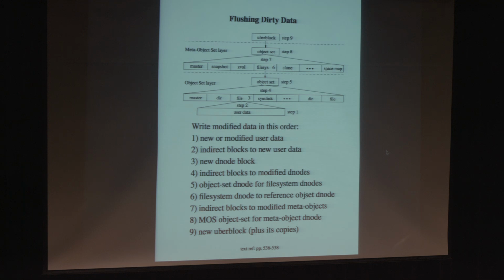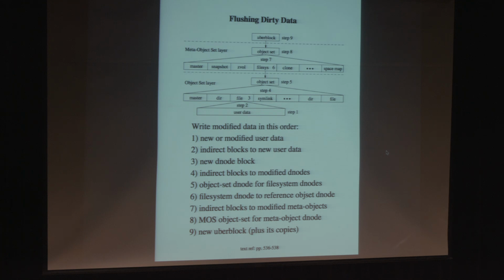Okay, so step 1, we're starting at the bottom here. We've added a byte of data to the file. And potentially that byte, or maybe it's a few bytes, required us to actually add a new data block. And if we had to add a new data block, or even if we didn't need to add a data block, we could just change an existing data block.